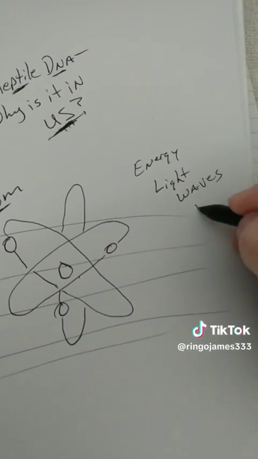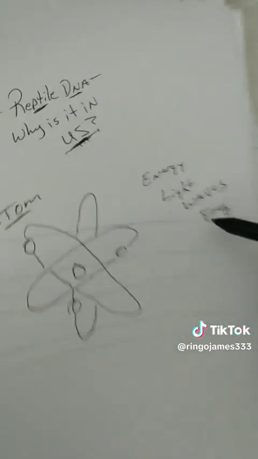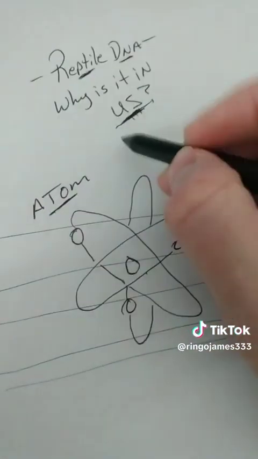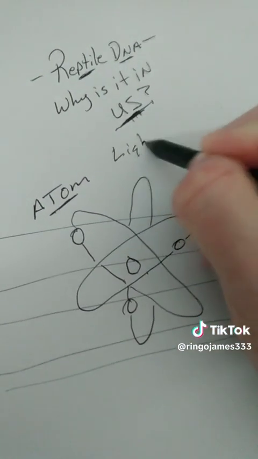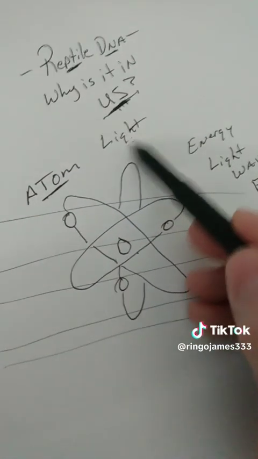Waves lead to frequency. And the domino effect, okay? It's the domino effect of the first light that God created. When this light was created, boom, boom, boom, boom, boom, and it all happened so fast.